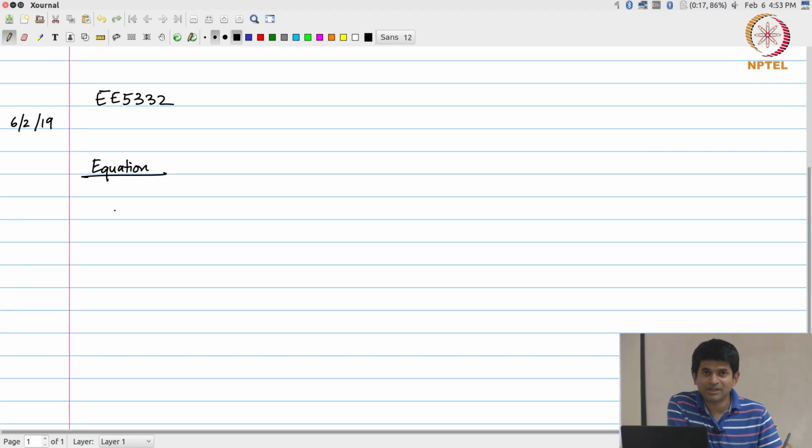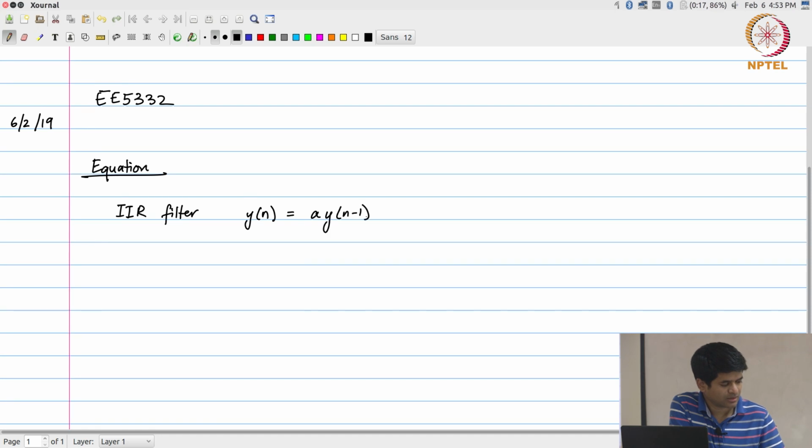So the first example that we are going to look at is an IIR filter. The equation that defines an IIR filter is y of n equals, well, this is one example of an IIR filter. This is not a general IIR filter, but this is one example, right?